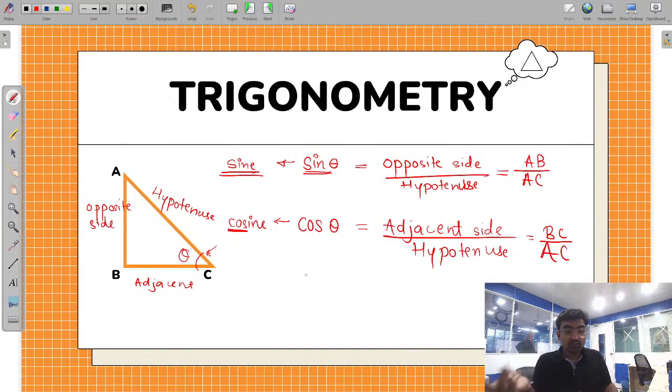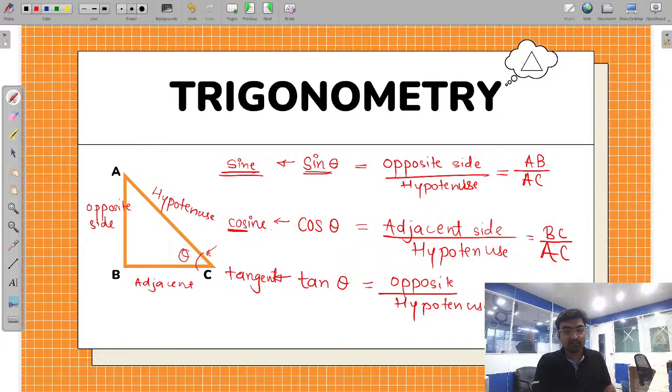Now the third ratio is tan theta. Actually it is tangent, but obviously we use the short form and make it tan theta. Now what is tan theta?